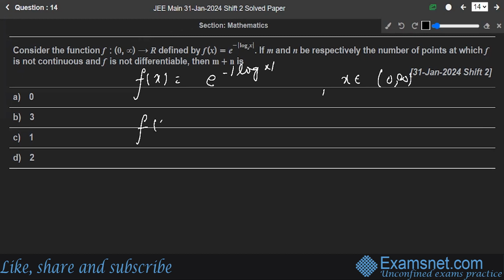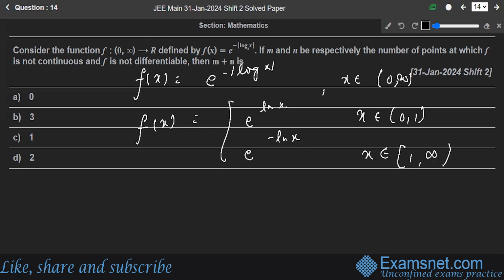So this f(x) will be equal to e power positive log of x for x belonging to 0 to 1, and for the further ones it will be minus this, belonging to 1 to infinity, right?